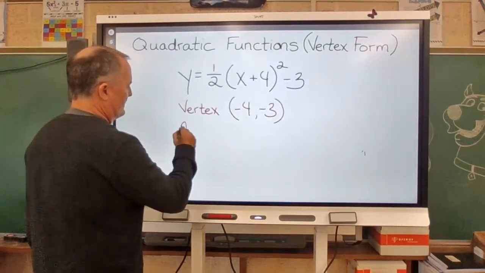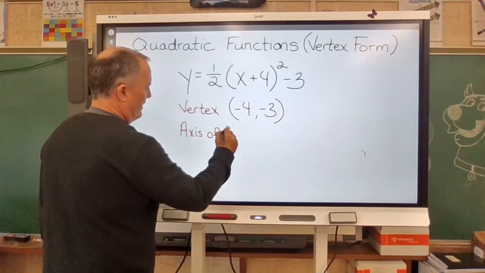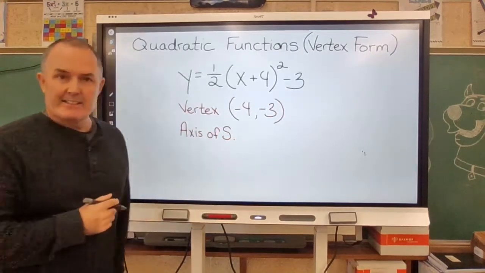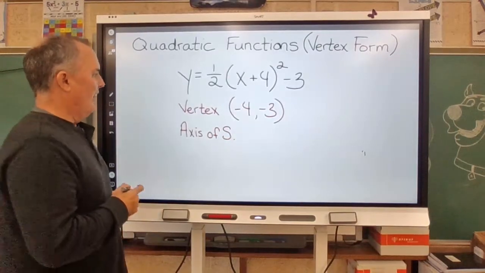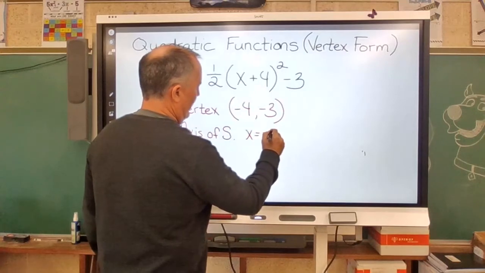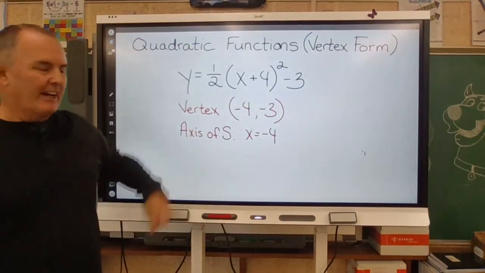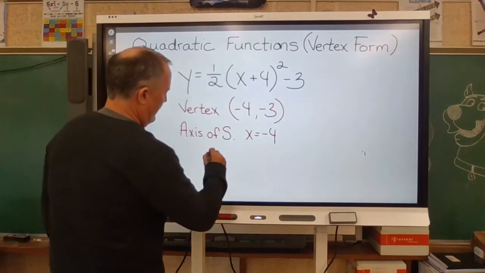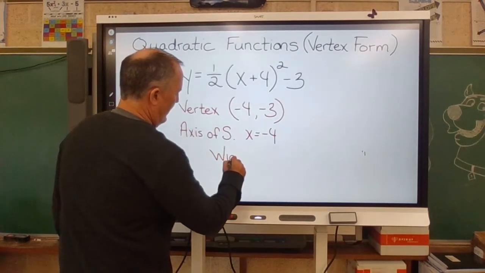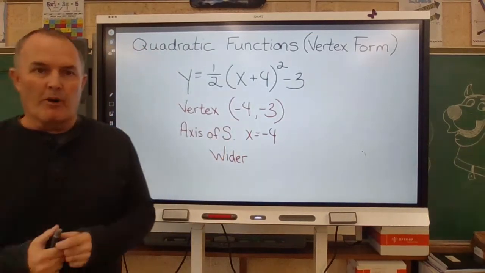My axis of symmetry, axis of S, is going to be my x value. So x equals -4. And since it's a fraction out in front, I know it's going to be a wider graph, or a slightly wider parabola.